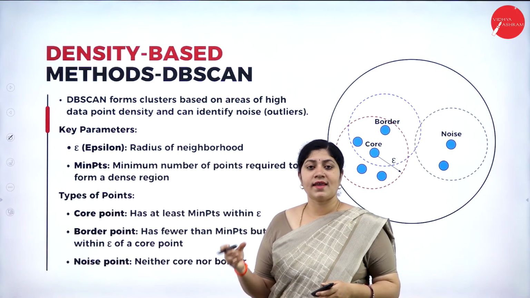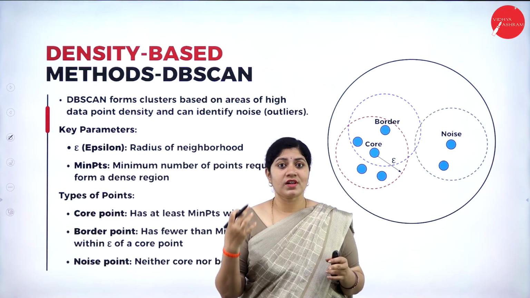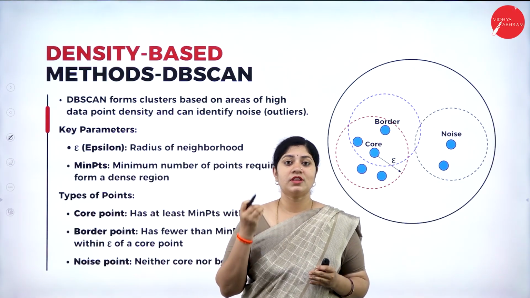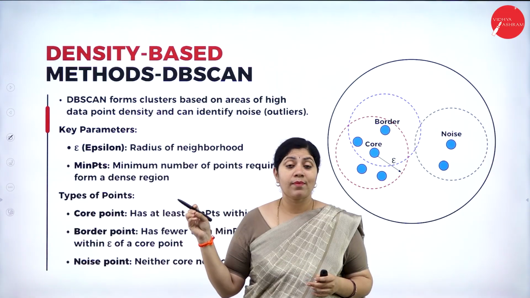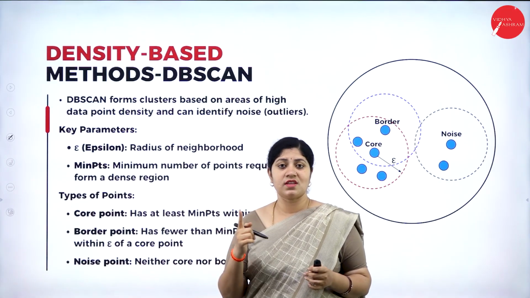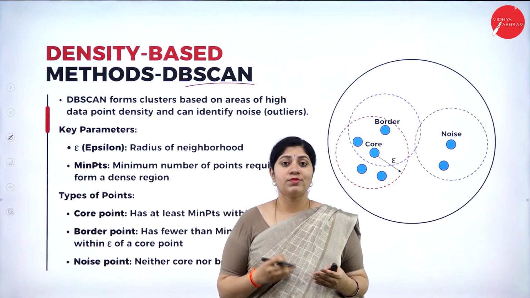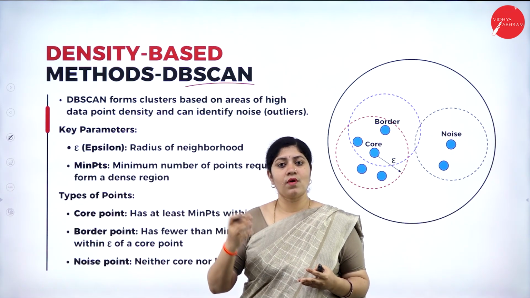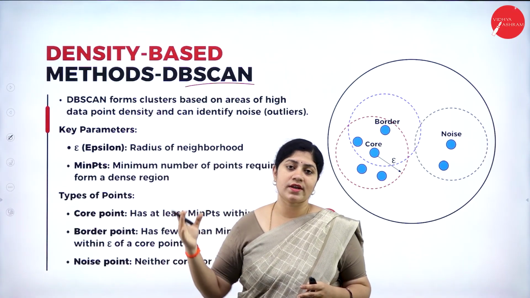Okay, let's understand DBSCAN. The name itself says that this is capable of identifying the noise or the outliers. That's the initial thing we can understand from the name, correct? Next, DBSCAN forms the clusters based on the areas of high density data points.